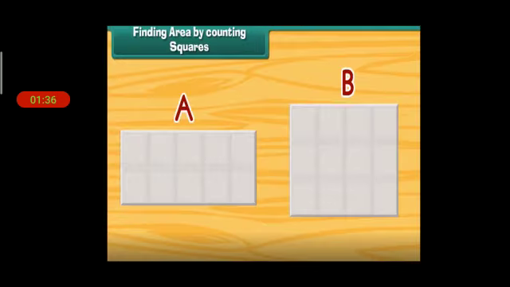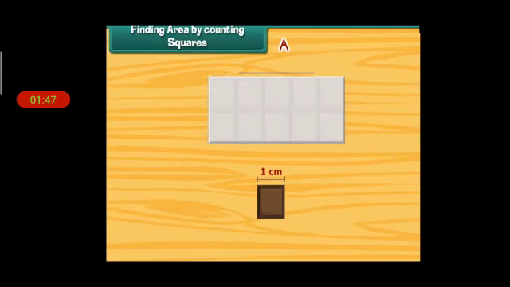Students, look at these 2 chocolates, A and B. First take chocolate A. In this chocolate, you can see there are 5 blocks in its length and 2 blocks in its width.